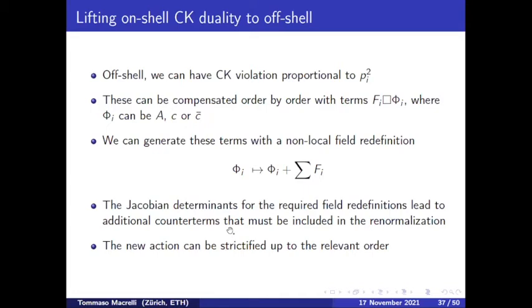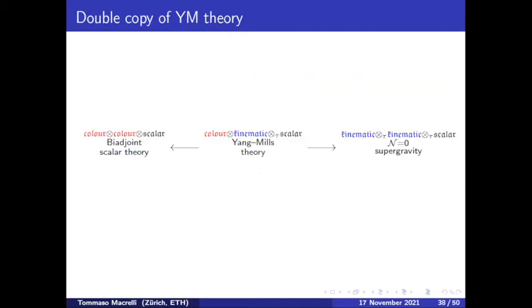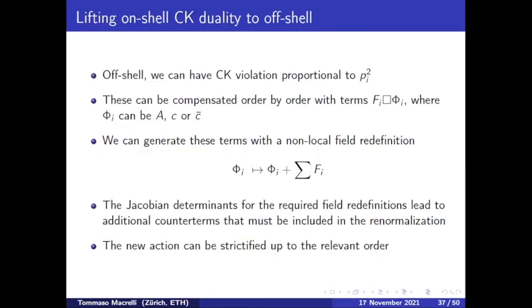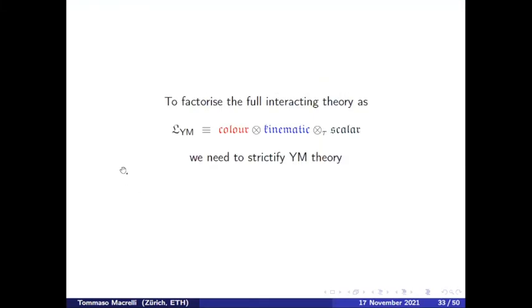So in this way, we produce a new action that manifests color-kinematic duality off shell for loop integrands. And we can strictify this action up to the relevant order we are interested in. Now we have obtained a strictification of Yang-Mills theory that manifests this factorization, and that is color-kinematic dual.